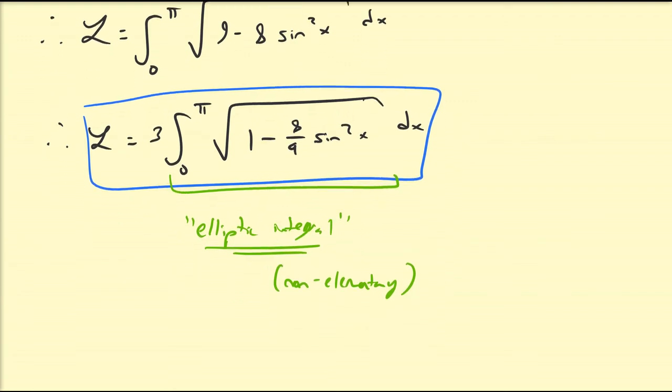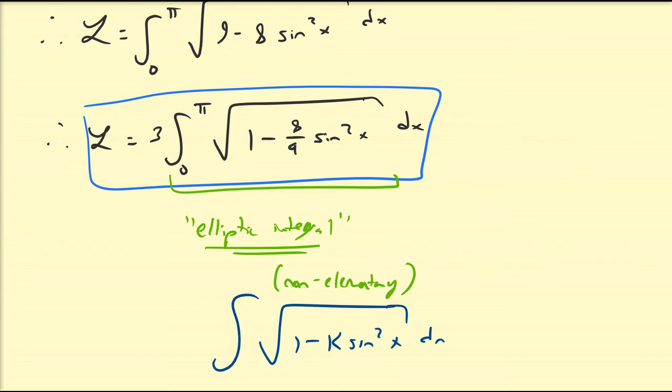But this particular type of integral, where we have something like the square root of 1 minus k sine squared of x dx, where we have, say, the integral from 0 to some angle phi, this is what we call an elliptic integral, which we're going to spend a couple videos on soon after this video.